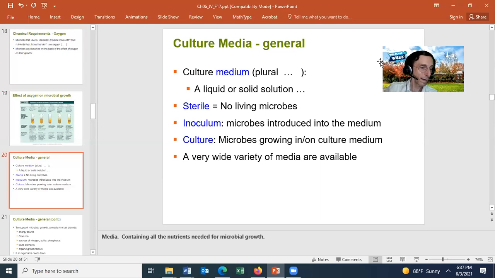We have a book having different media that you can grow your microorganisms in. And on every page of the book is one media. So that tells you how many different media there are available for growing microorganisms in microbiology. A large number.